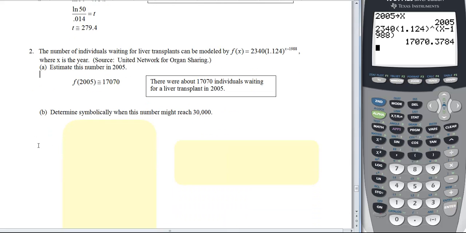Now, determine symbolically when this number might reach 30,000. Well, guys, when it says when, that means time. So what year are we looking at? So 2005 is a little over 17,000. So now in this problem, I've got to put 30,000 in for Y. So let's go do that.